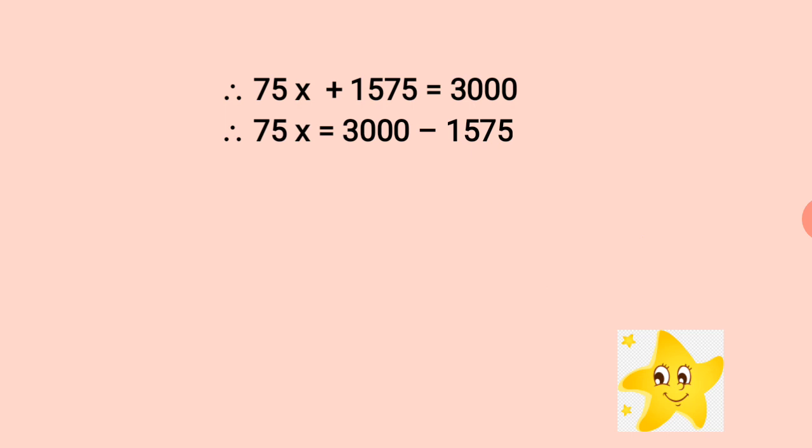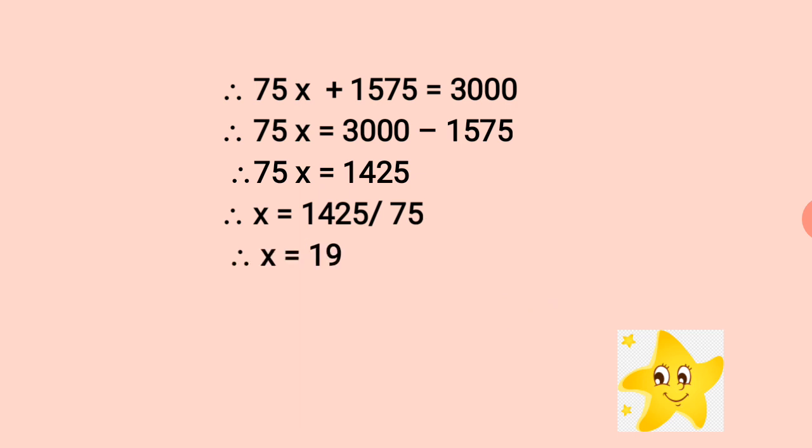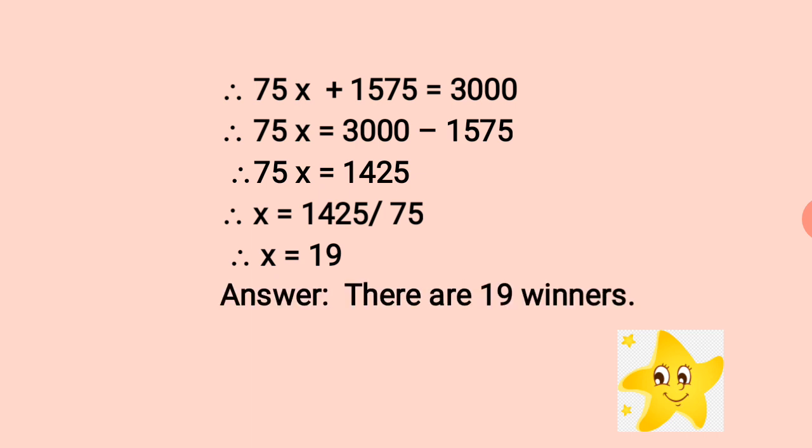Take 1575 to the other side, solve, get the value of x, and x itself is our number of winners. So we'll say the number of winners is equal to 19.